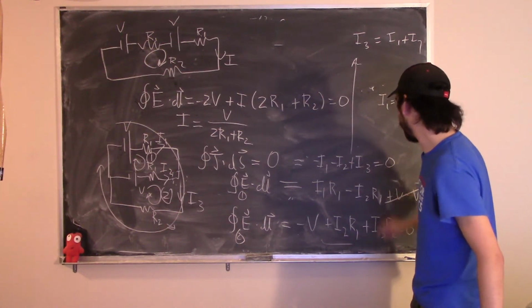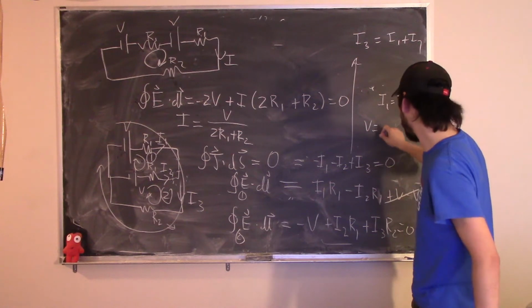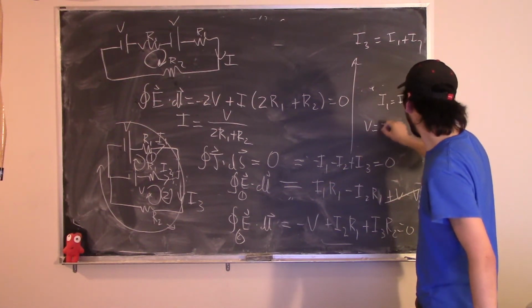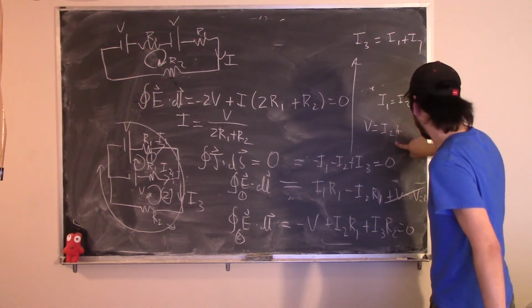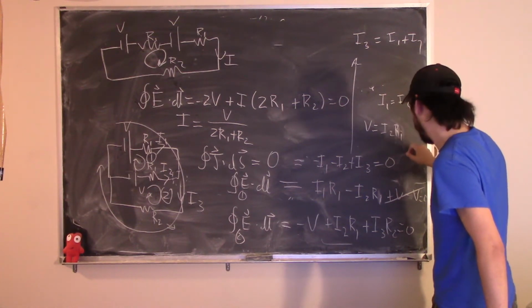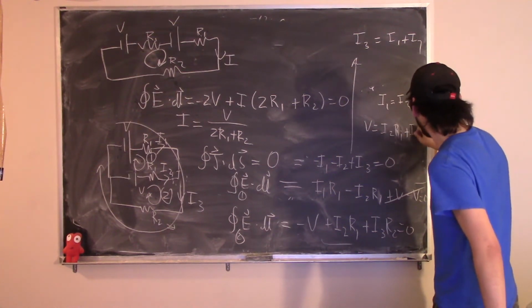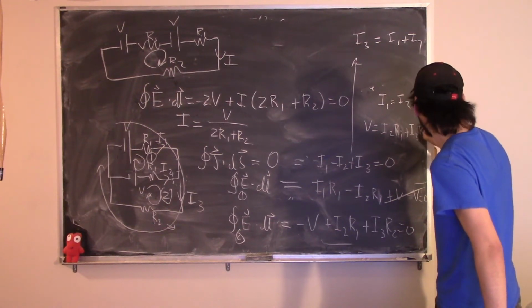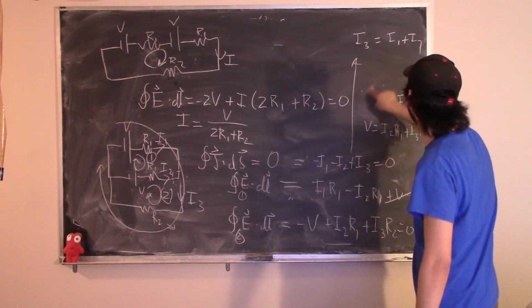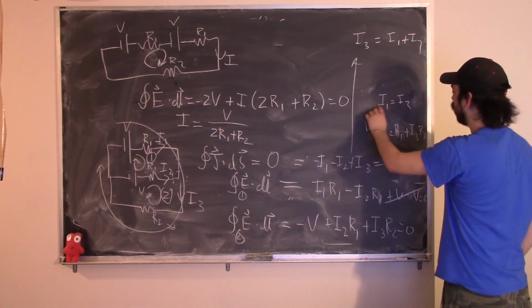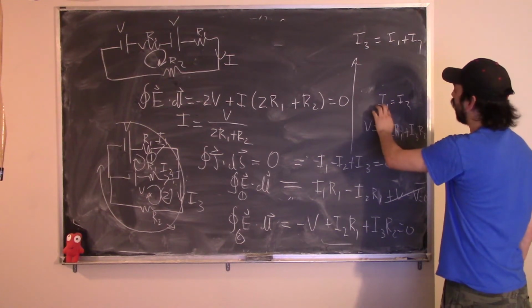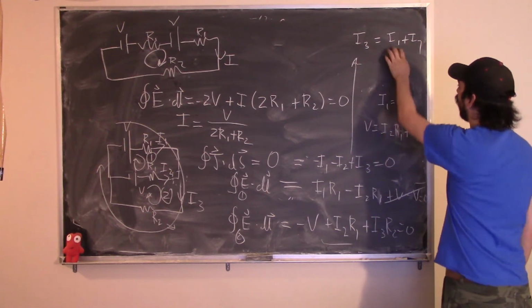And this one says that V is equal to I2 times R1 plus I3 times R2, okay? So what I can do here is, let me think how I want to do this. I'll plug I2 in for I1 here.